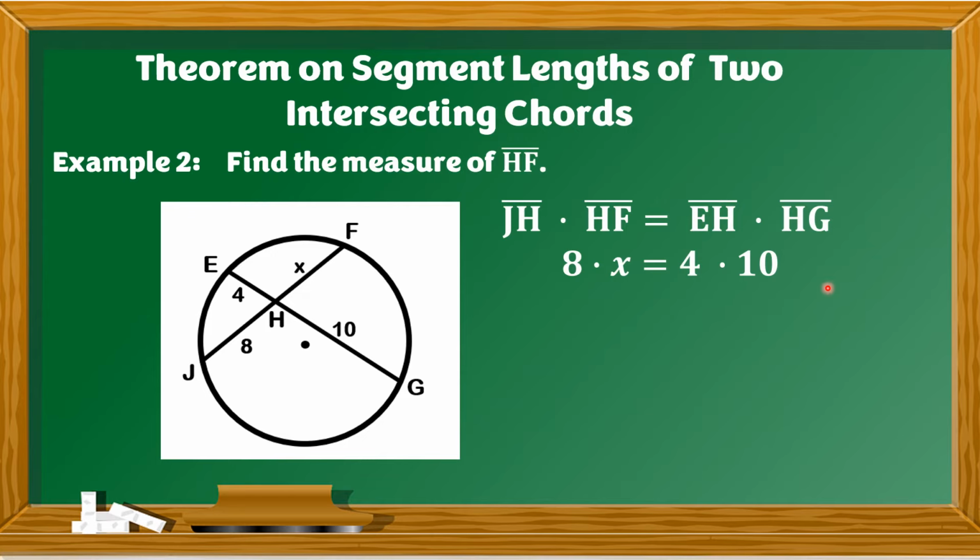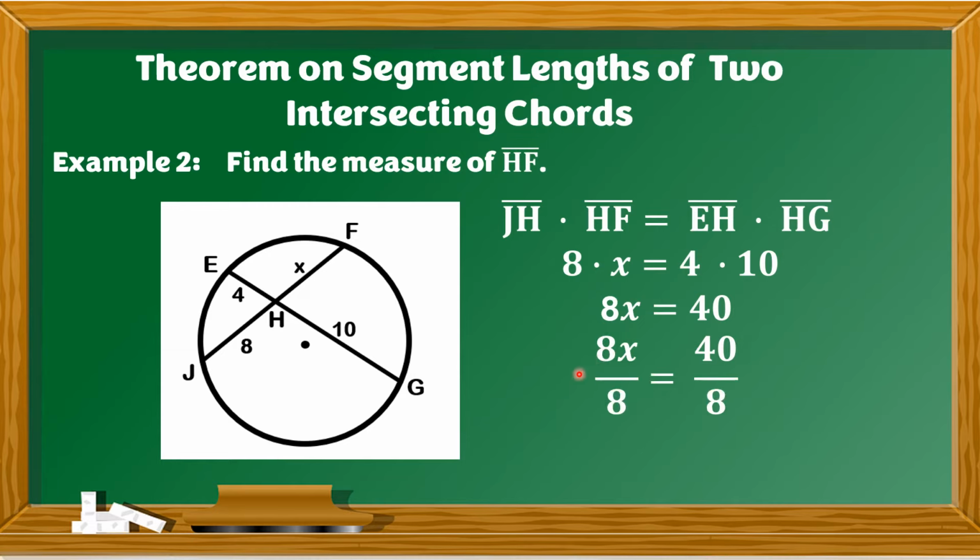Next we're going to simplify the equation. So 8 times X equals 8X, and 4 times 10 is equal to 40. So we have now this equation, 8x is equal to 40. Next, we're going to divide the equation by 8 to get the value of x.